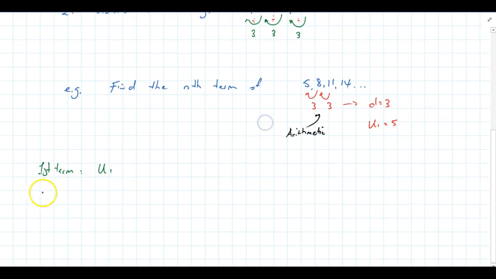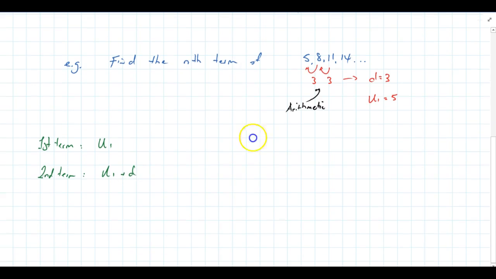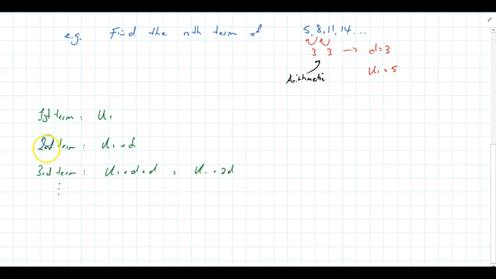Our second term, for any arithmetic sequence, we're just going to add D to that, aren't we? And then our third term, we're going to add another D to that, U1 plus D, which is U1 plus 2D. And we pretty quickly get the hang of the fact that we're just going to add D each time.